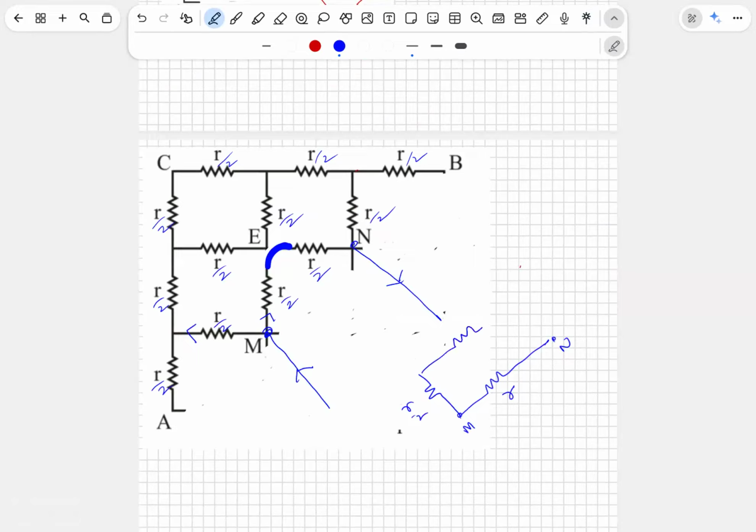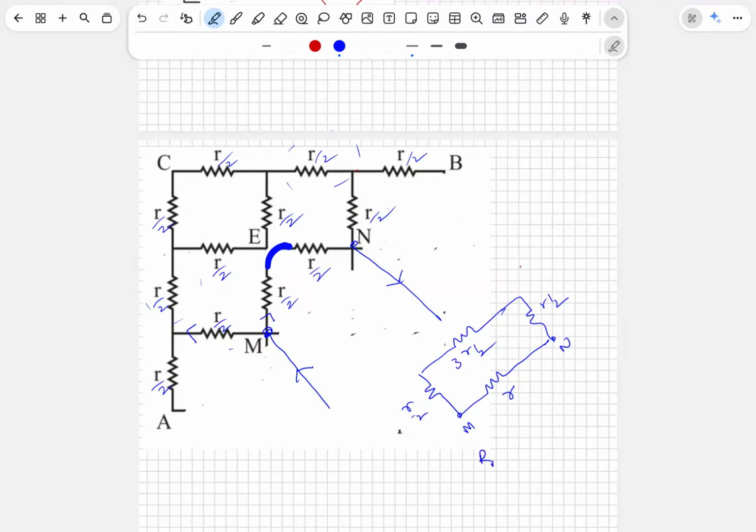Then R by 2, 3R by 2 plus R by 2, extra R by 2, right. 5R by 2 or 5R by 7.